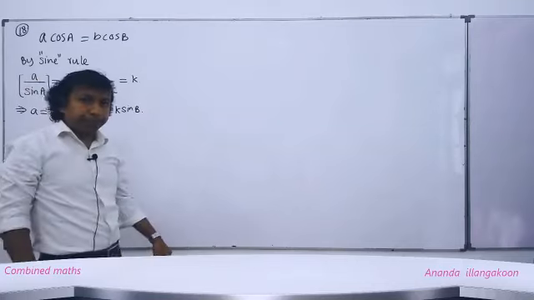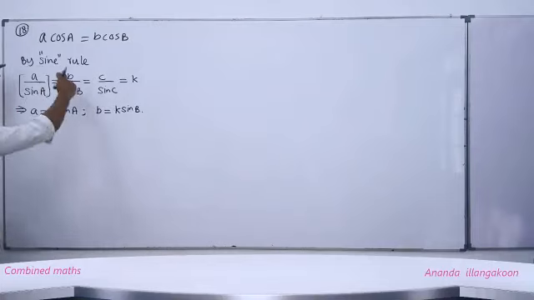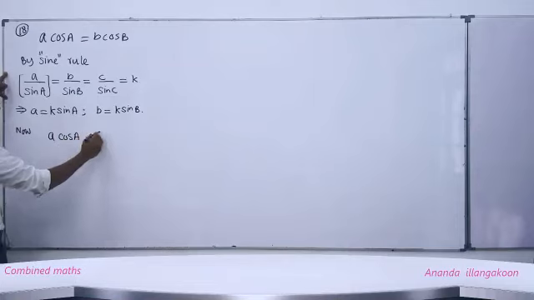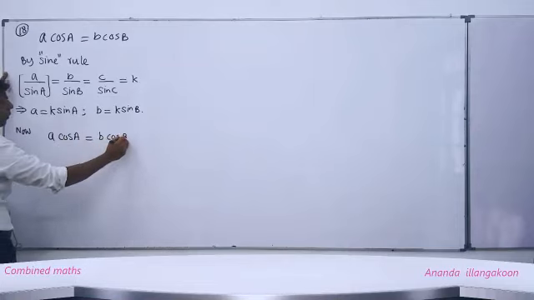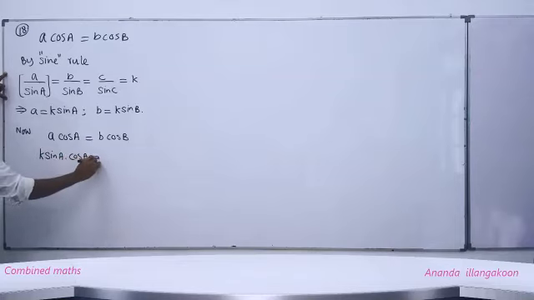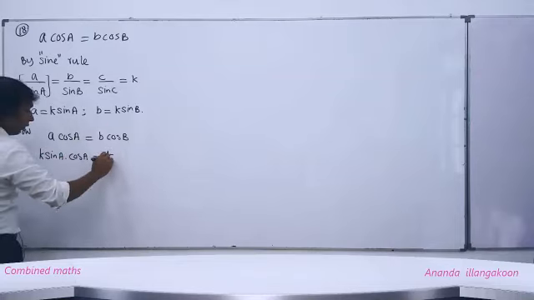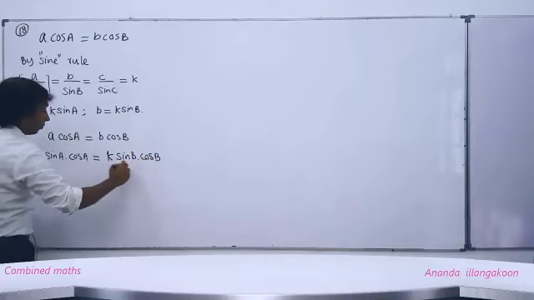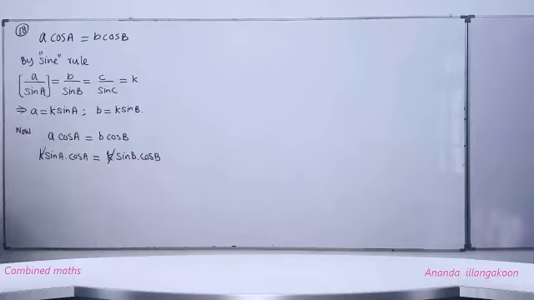Right. Now I take a cos A equals b cos B. I substitute for a, k sin A, and for b, k sin B. So k sin A cos A is equal to k sin B cos B. k and k you can cancel out.